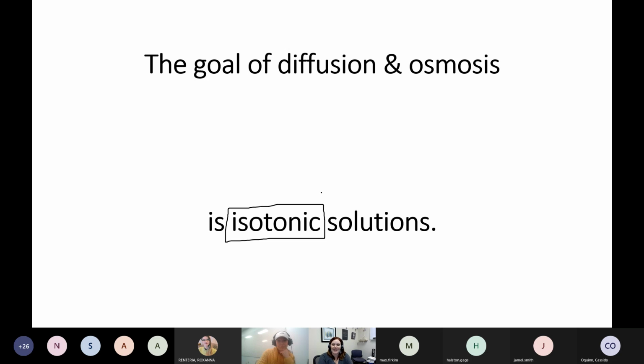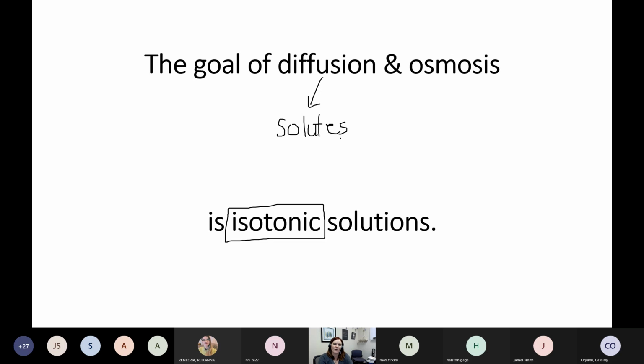Okay, so there's two ways for us to make things have the same concentration, to help us have isotonic solutions. The first way that we can make concentrations of things the same is we can move what's called solutes. I mentioned this word on the previous slide. When we were talking about tea and we said solutes, we were talking about the amount of sugar.